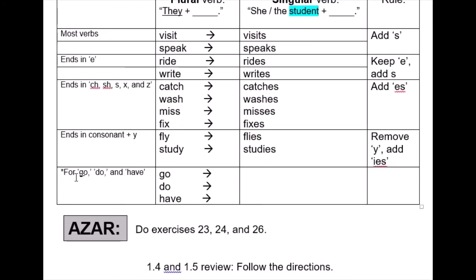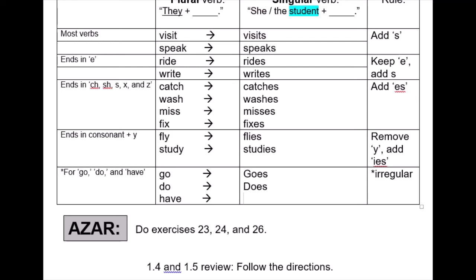The final rule: go, do, and have, they're different. They break the rule. So you need to remember these. These are irregular. They go, she goes. They do, she does.